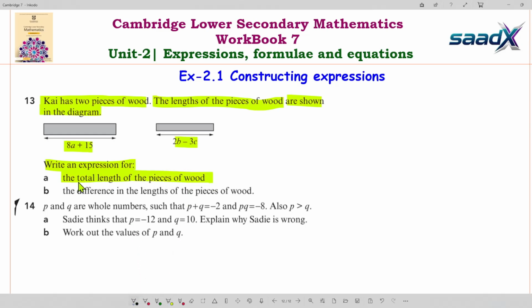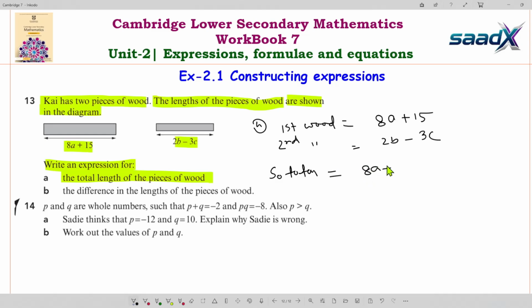So first, total length means first wood is 8a plus 15 and second wood is 2b minus 3c. So total, this is number A. Total will be 8a plus 15 plus 2b minus 3c.